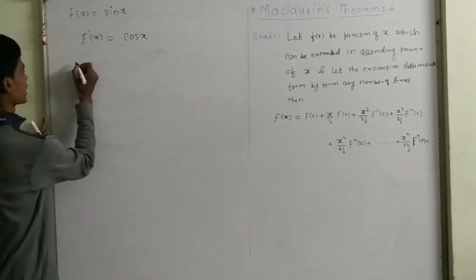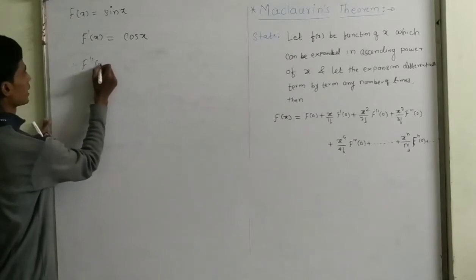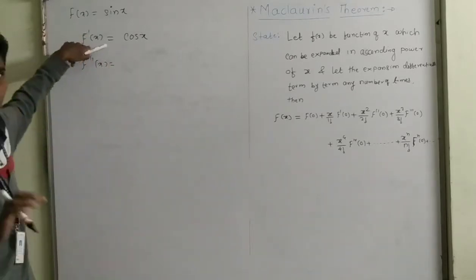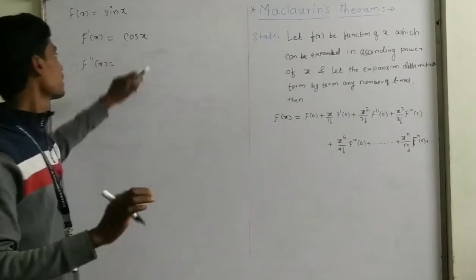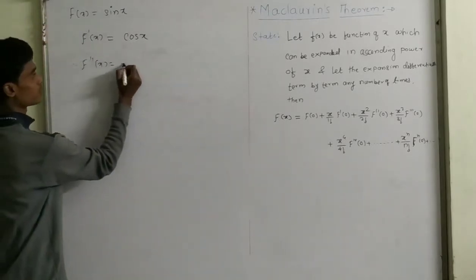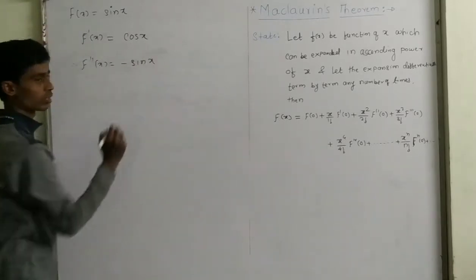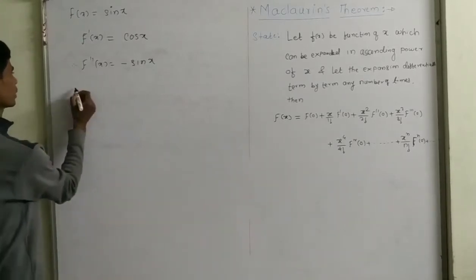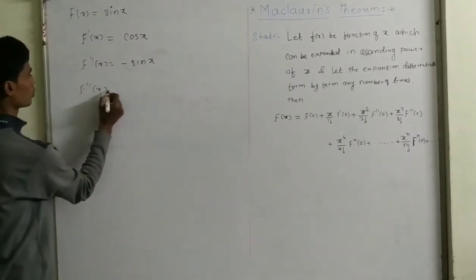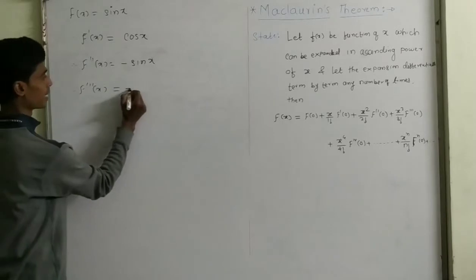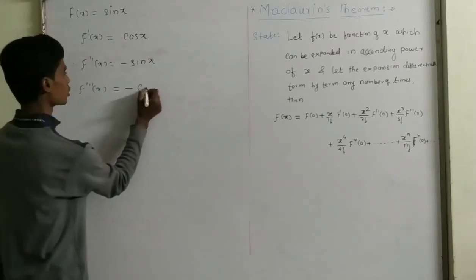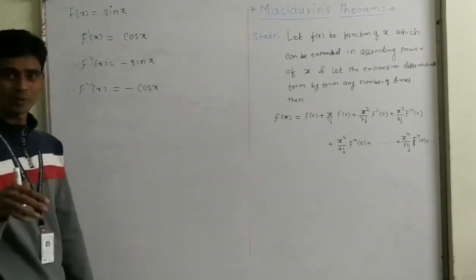Now the second derivative, f double dash of x, means differentiate f dash of x with respect to x again. The derivative of cos x is minus sin x. Clear? Now again the third derivative, f triple dash of x, is minus cos x.